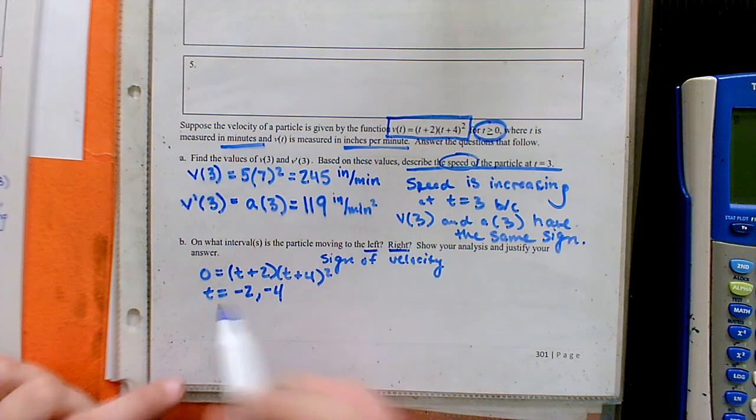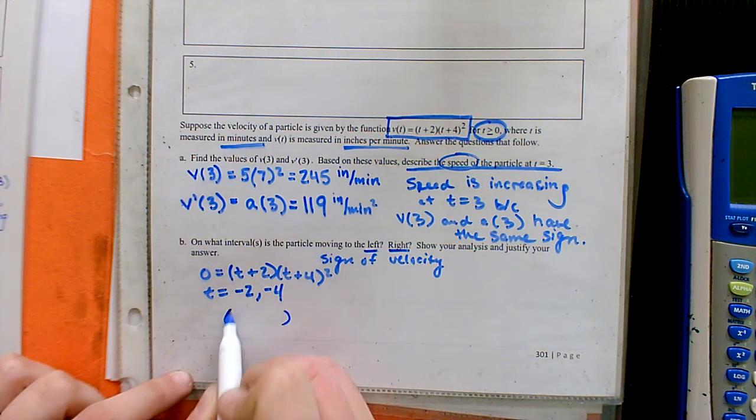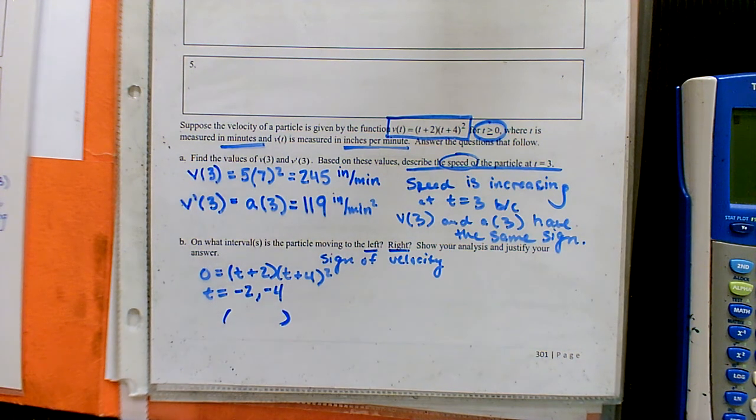A sign chart. Okay, so the question is, what do we want to set up as our intervals? Are we going to do negative infinity to -4, -4 to -2, -2 to infinity? That's what we did for functions, right? Because functions can go on forever.